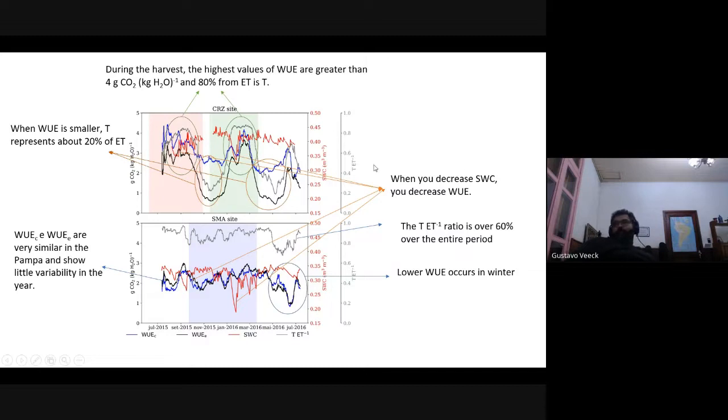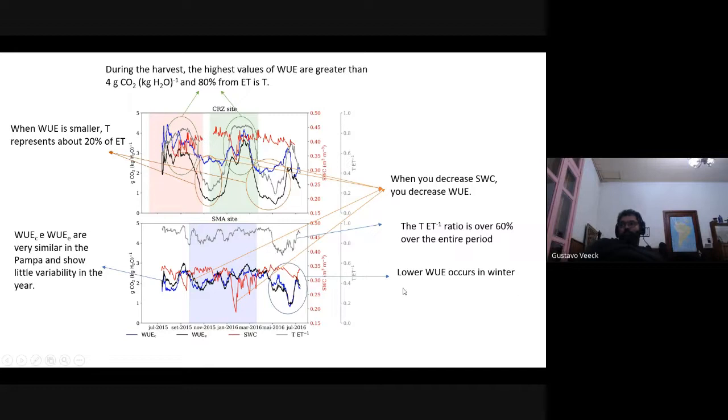When you decrease the soil water content, you decrease the water use efficiency. For the Santa Maria site, the T/ET ratio is over 70% for most of the period.